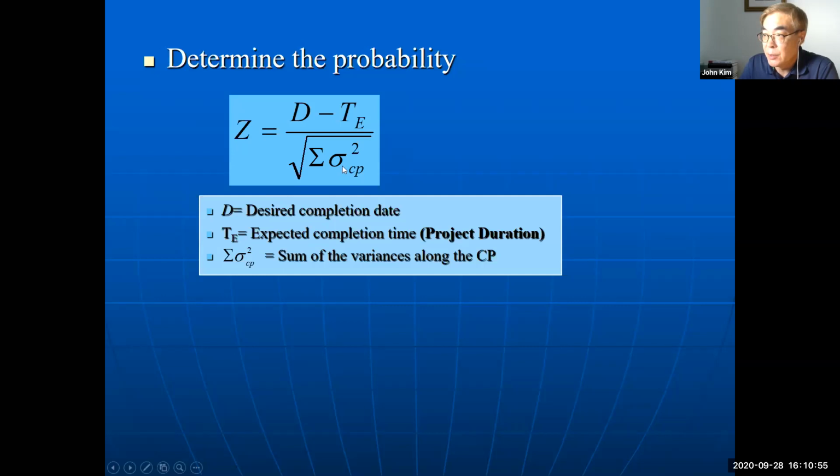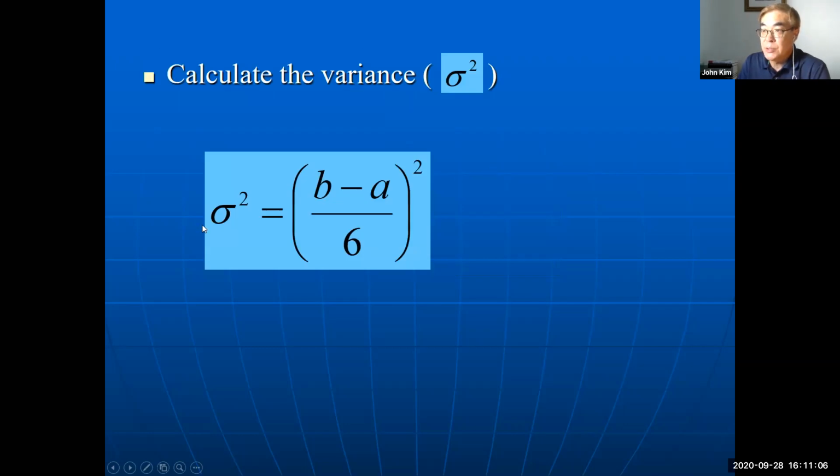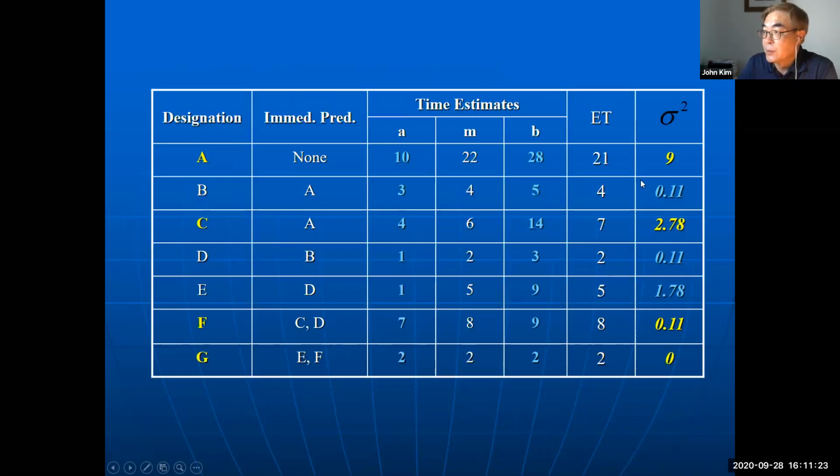Anyway, we need standard deviation or variance, sigma square. Using this formula, variance equals B minus A, pessimistic time minus optimistic time, divided by 6, and squared. So we can get variance for each activity.